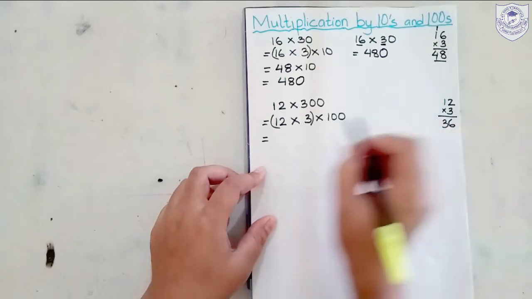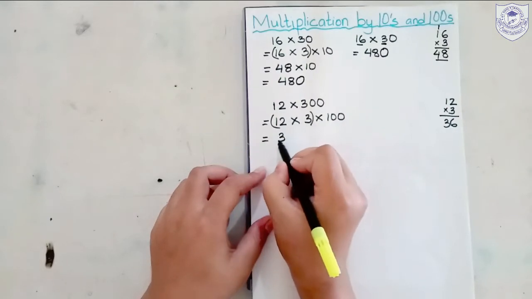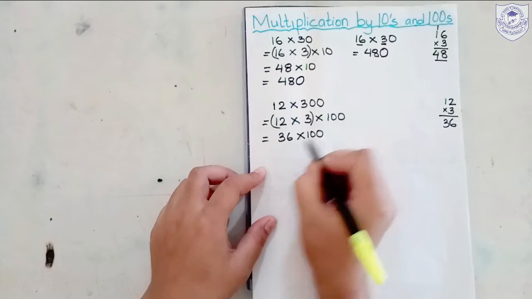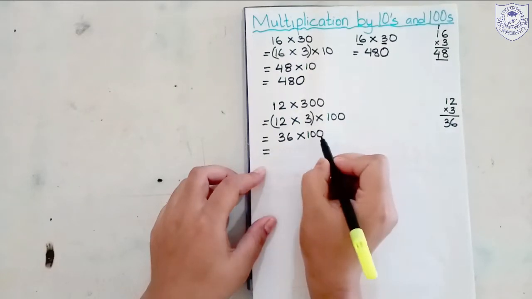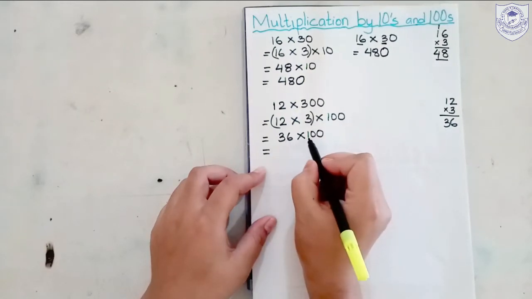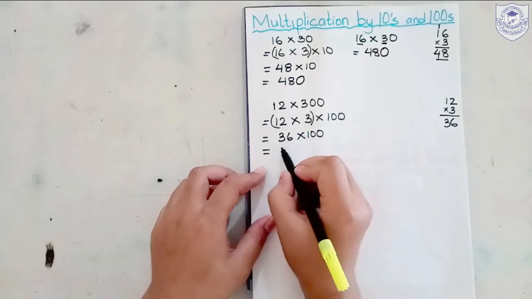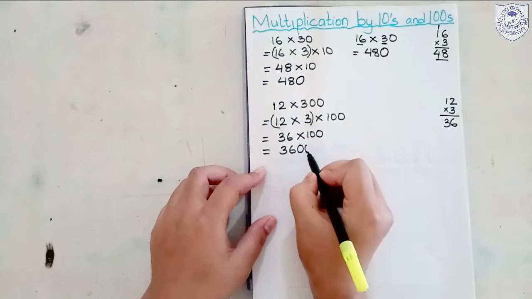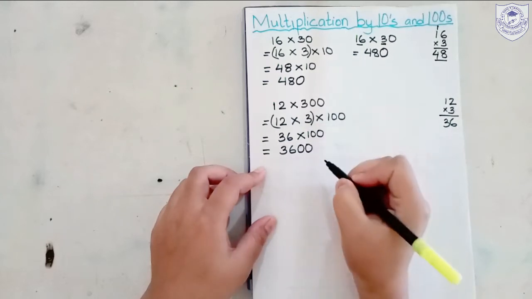We got 36. So 12 3s are 36. We still need to multiply with 100. Now here we have 100. 36 you multiply with 1. 36 1s is 36, and there are 2 zeros. We need to put 2 zeros to the right of the product obtained. This is the first method.